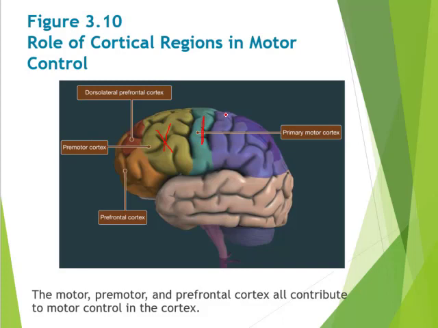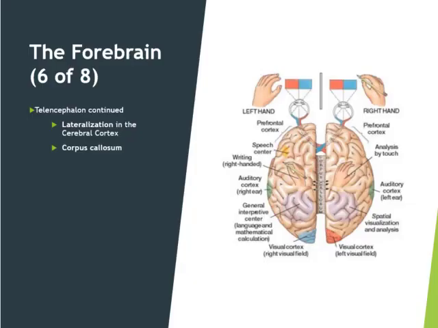And so this would be the primary sensory cortex, and so on. So the telencephalon, or forebrain, is divided into a right hemisphere and a left hemisphere. And it's important to note, so here's the right hemisphere and here's the left hemisphere.